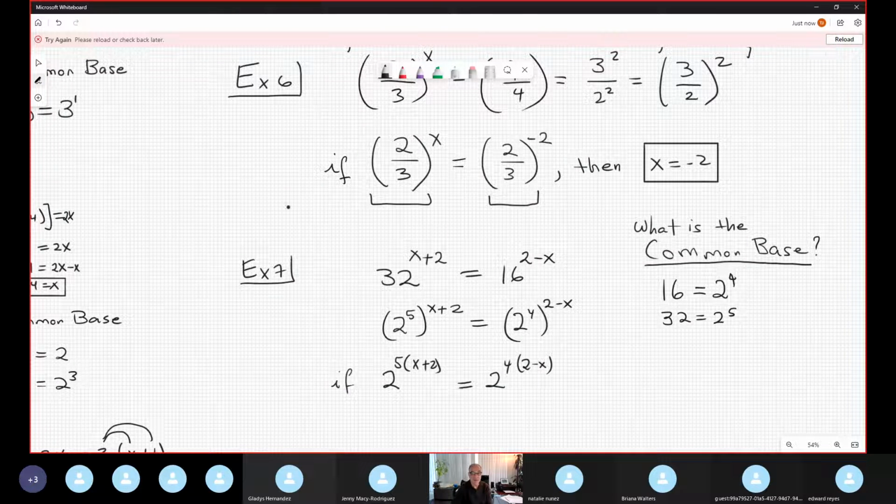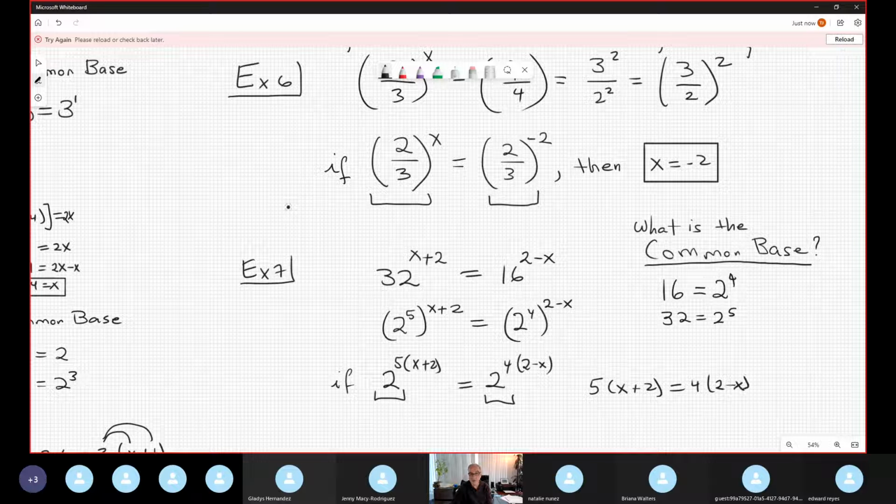Again, we have two exponential functions with the same base and they are equal to each other. The only possibility is that the exponents are the same: 5x plus 2 equal 4, 2 minus x.